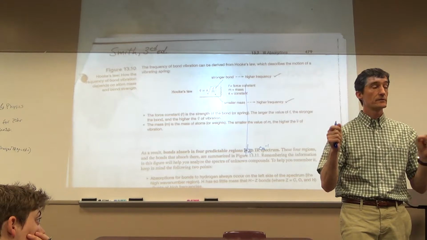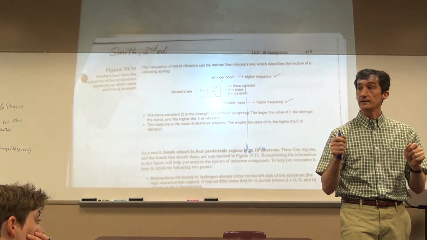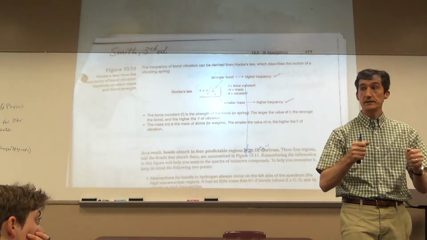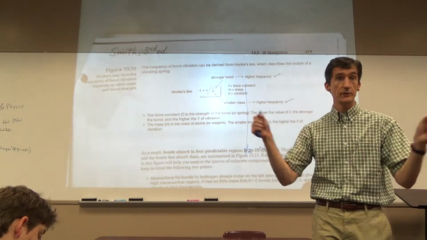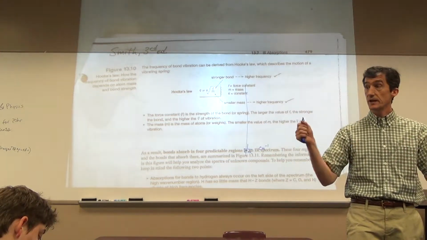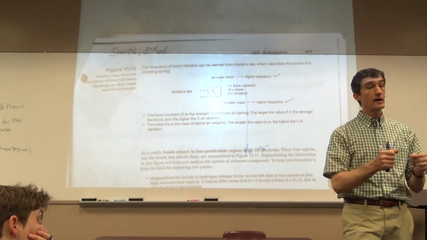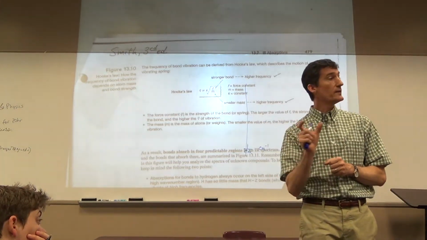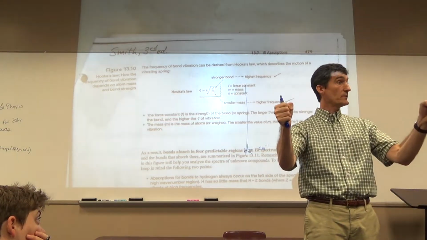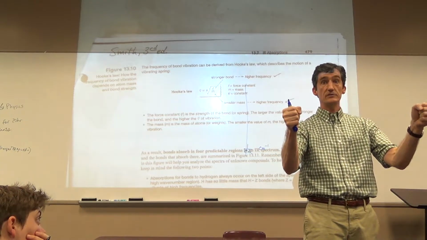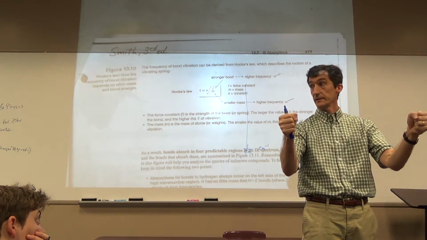Particularly, the one type of vibration we're going to talk about mainly, and I'll try to illustrate very simplistically, is a stretch. A stretch is a type of vibration, and a stretch is going to have a frequency. Because a bond, while we will talk about bond lengths in class maybe, and you can see them in tables, a bond, like a carbon-carbon single bond, is not just sitting there at a certain fixed bond length.